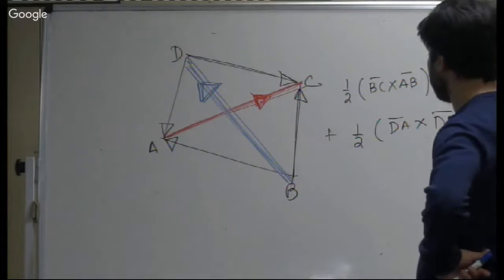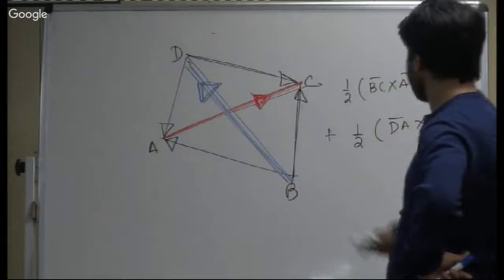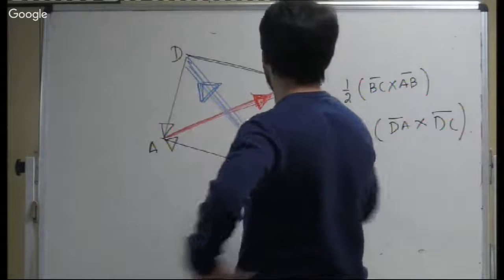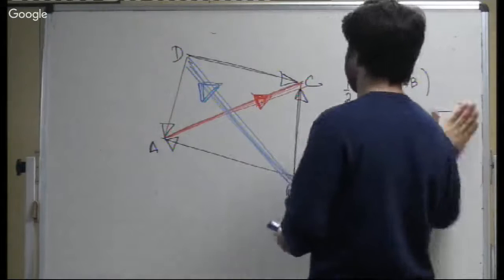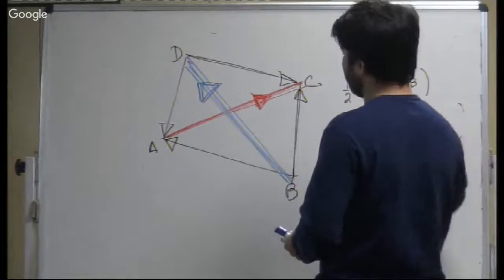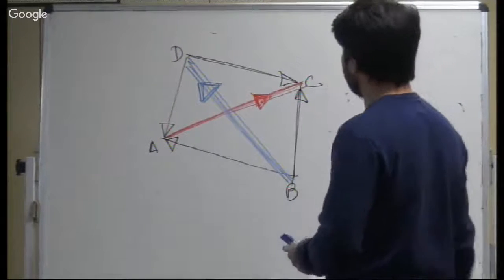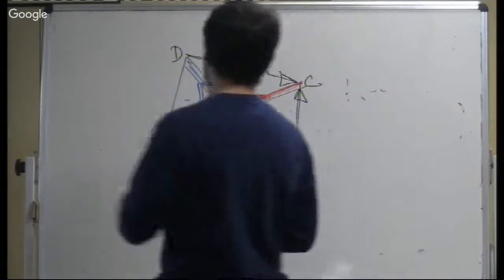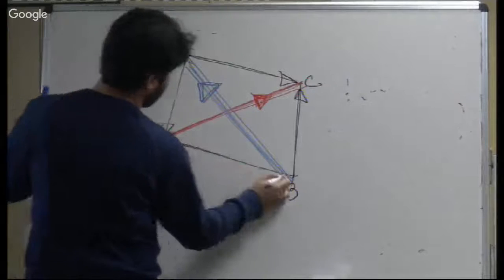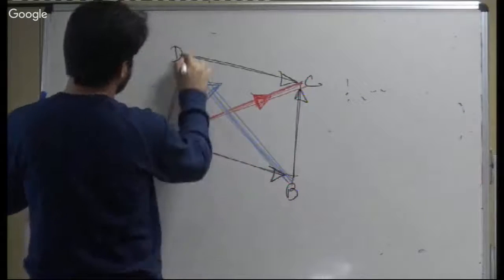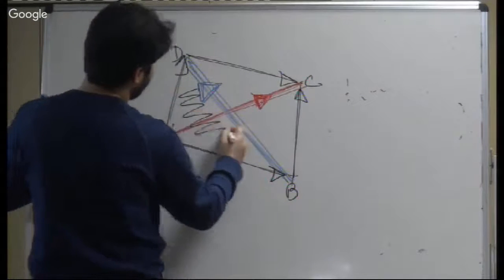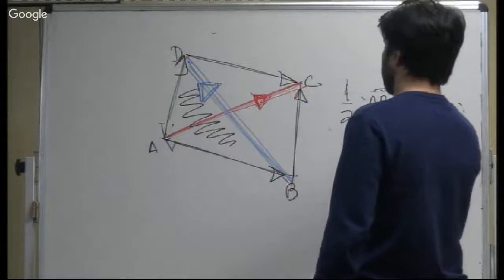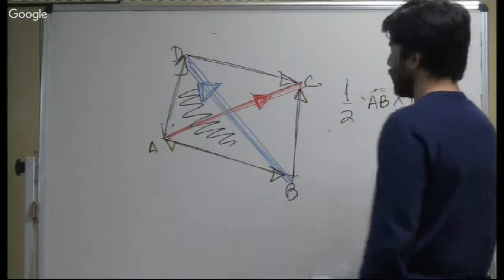I've taken this triangle like AB cross AD. There also it can be fine, no issue with that. Let's say if I call this as AB and this as AD, so I can say this triangle as half AB cross AD, right?